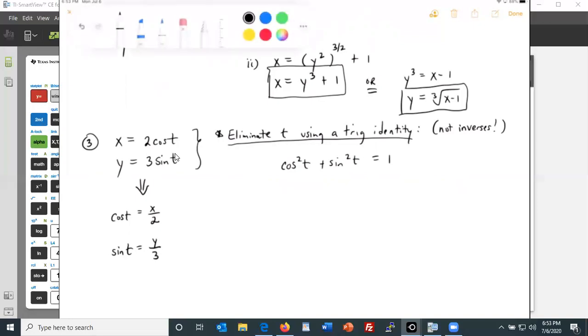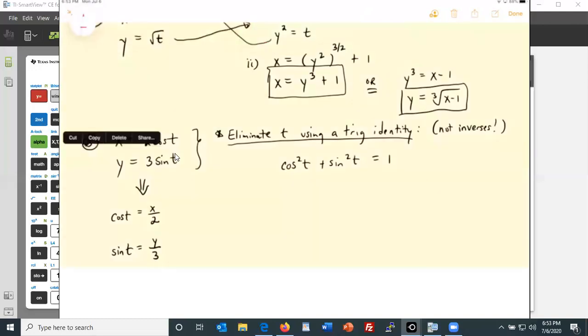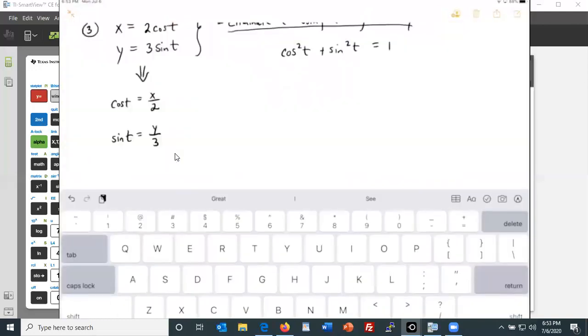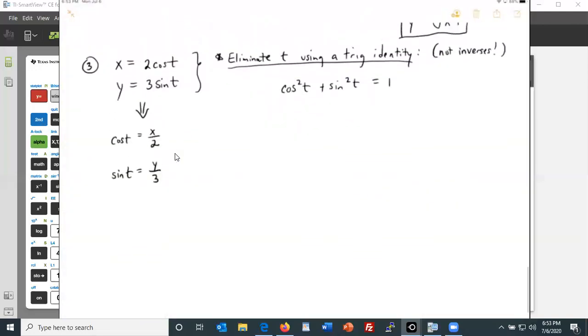And then what you're going to do is a substitution into the identity. The cosine is x over 2, so we're going to substitute that in over here. The sine is y over 3, and we're going to substitute it there.